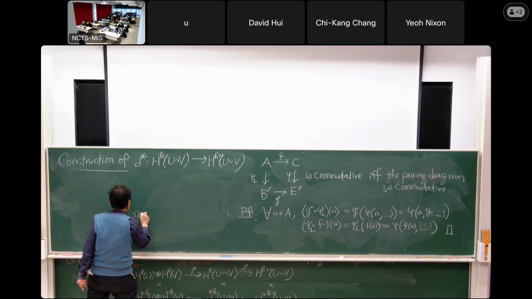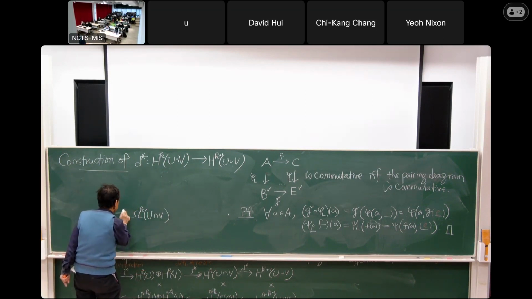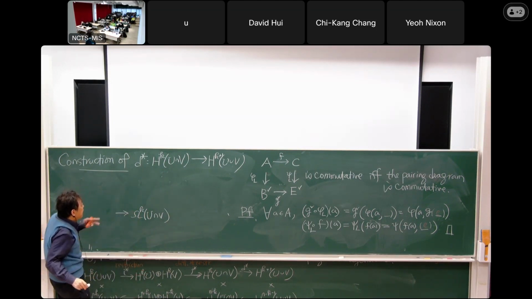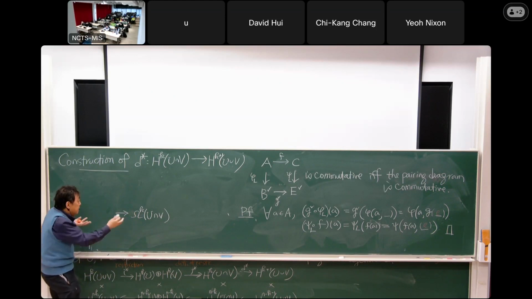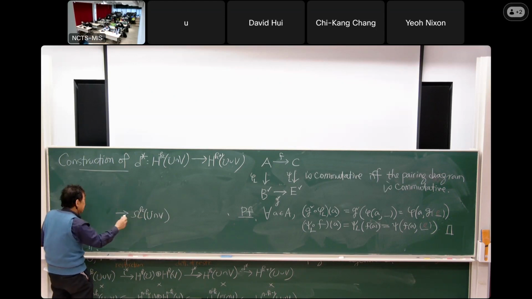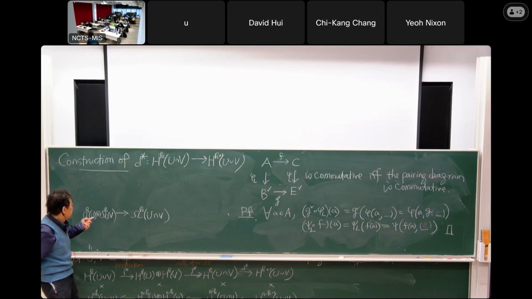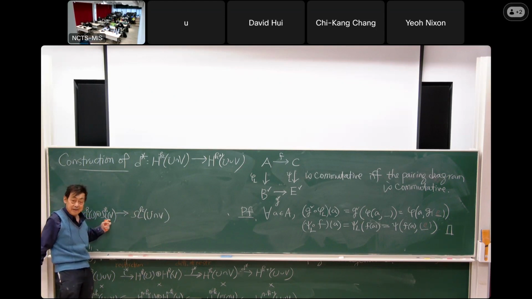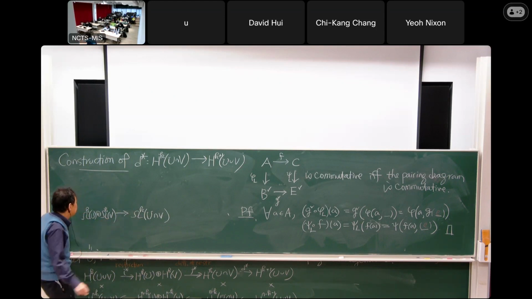So you start with something here, a k-form in the intersection, right? And the short exact Mayer-Vietoris sequence comes from a k-form on U and a k-form on V, because you're going to take the difference of these two things.